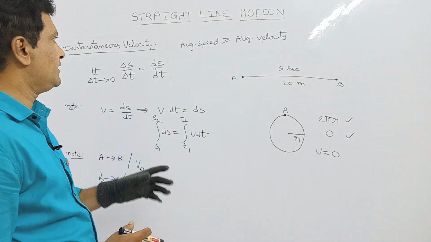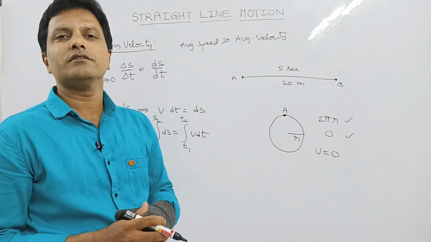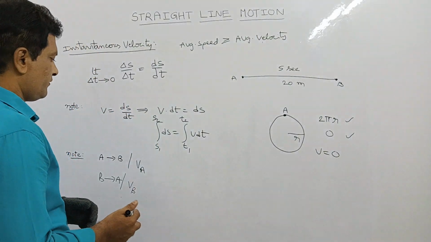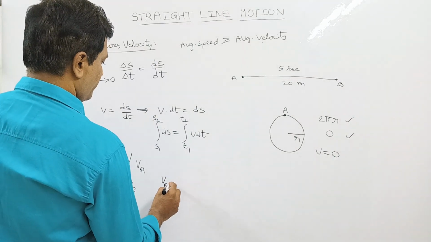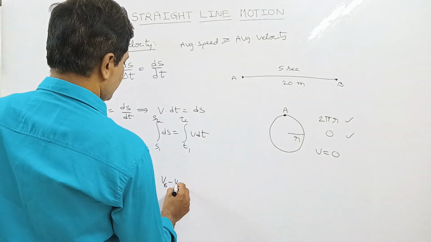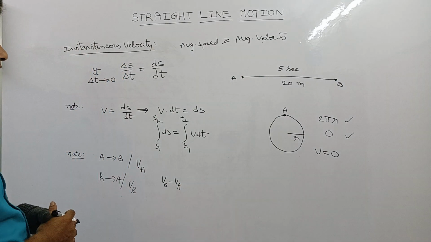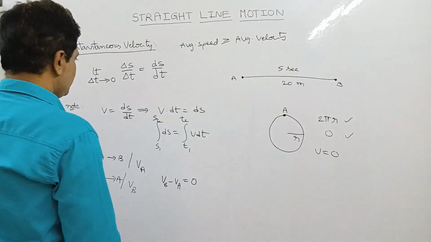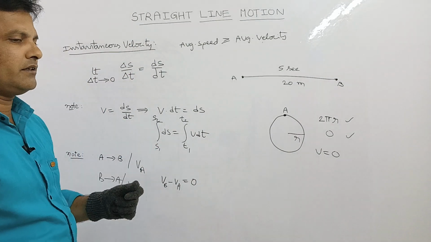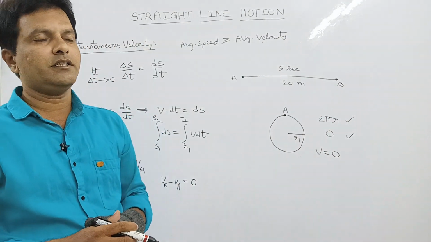The displacement being 0 means the average velocity is also 0. So in this way we can understand the concept of velocity.